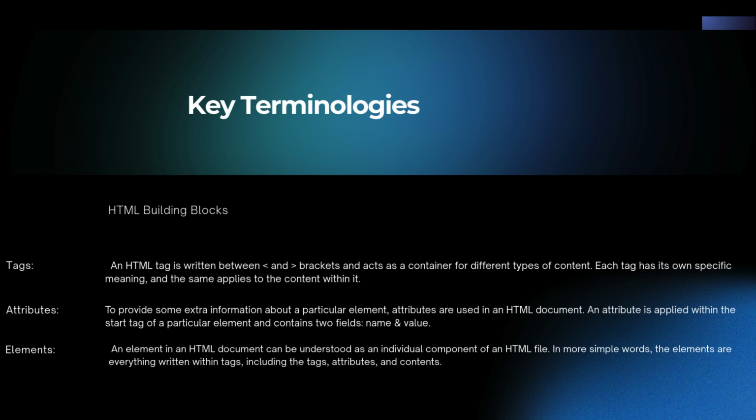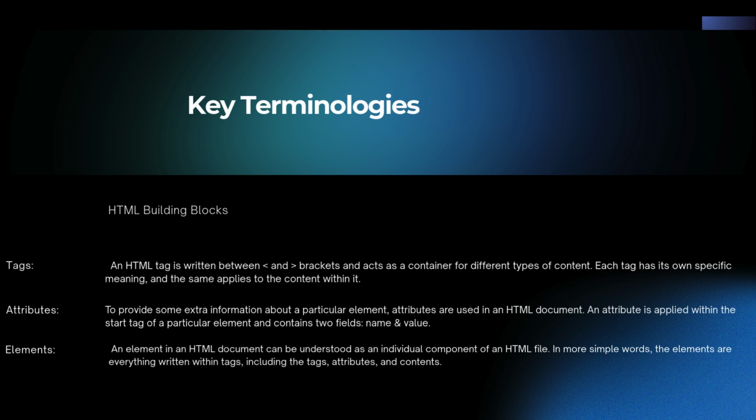What about attributes? Just like the name suggests, attributes provide extra information about a particular element. Attributes are used in an HTML document and are applied within the start tag of a particular element. They contain two fields, name and value.